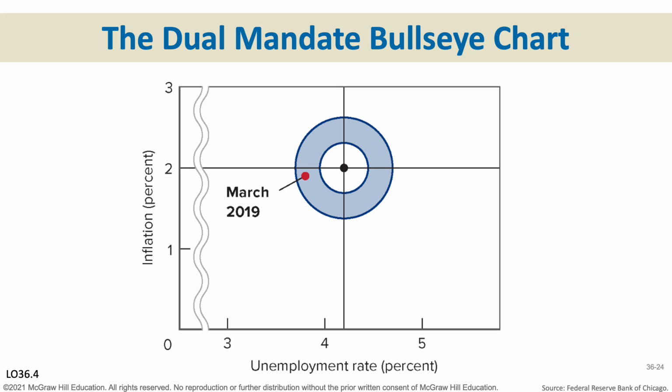In March 2019, we were better in both places. We had a lower inflation rate and a lower unemployment rate. And so in March 2019, things looked really good. We won't include it in this lecture, but think about what it looked like in March 2020, April 2020, May 2020.